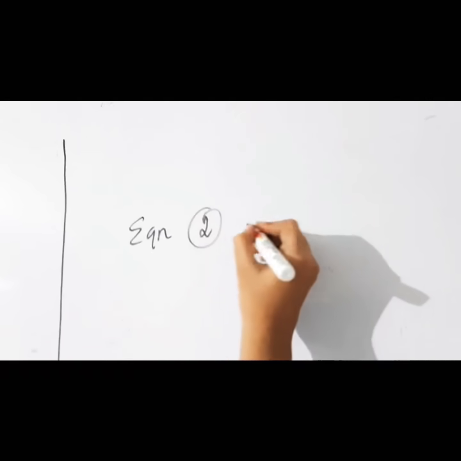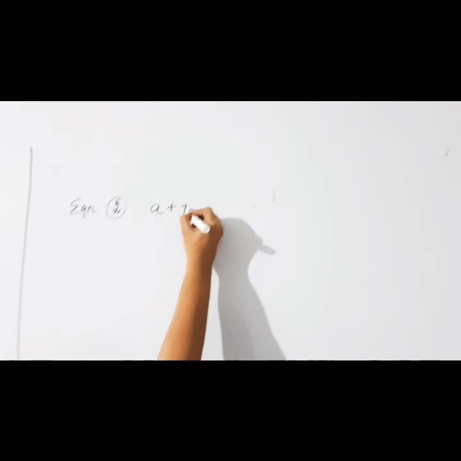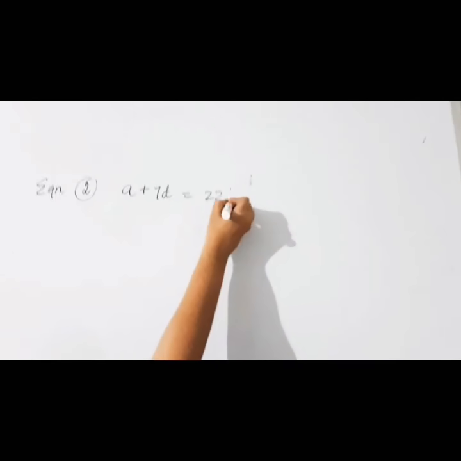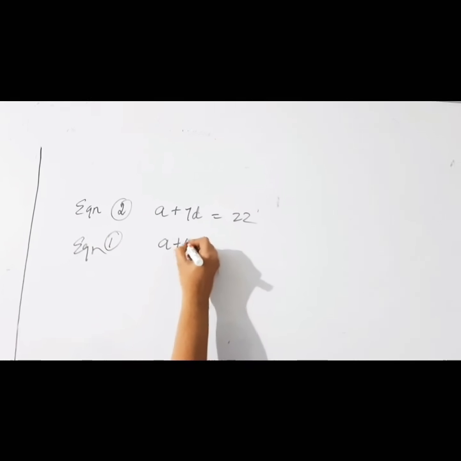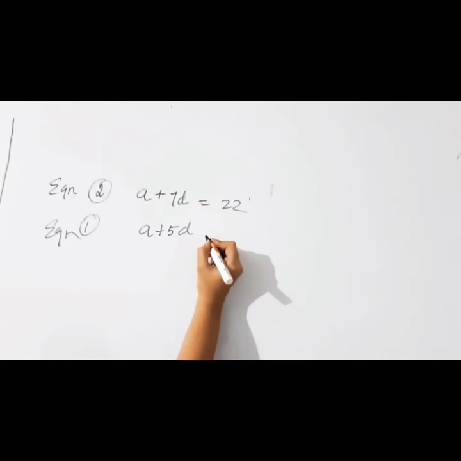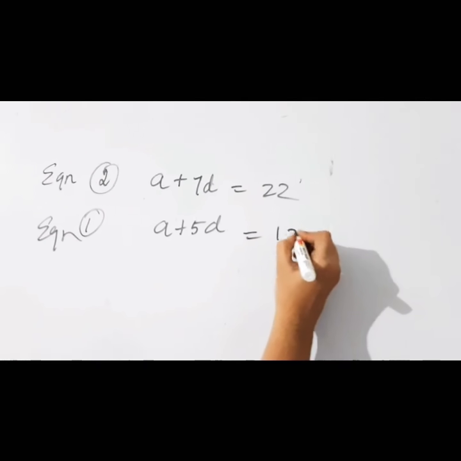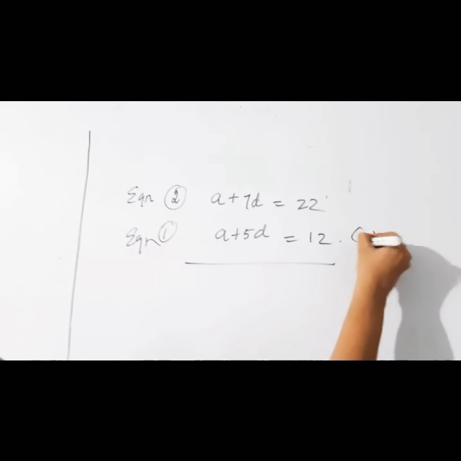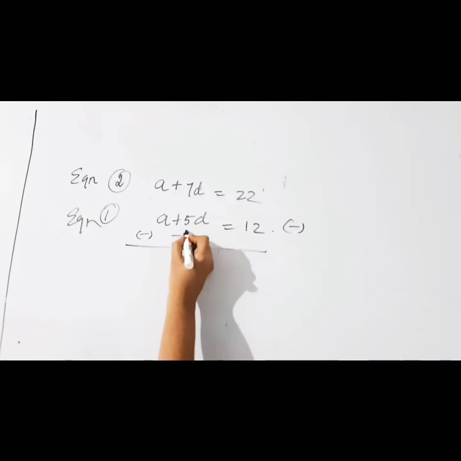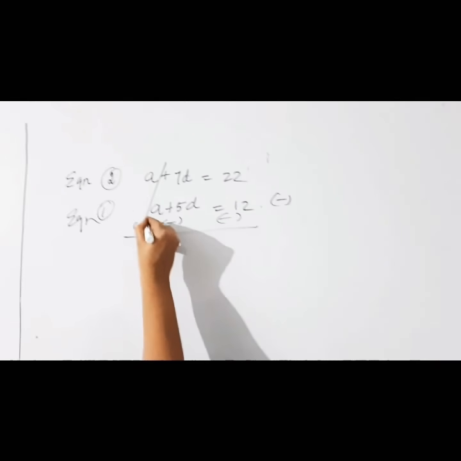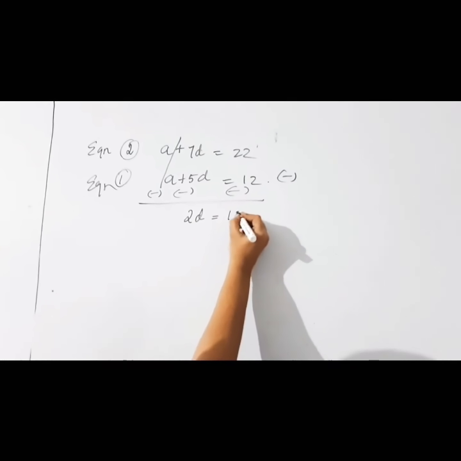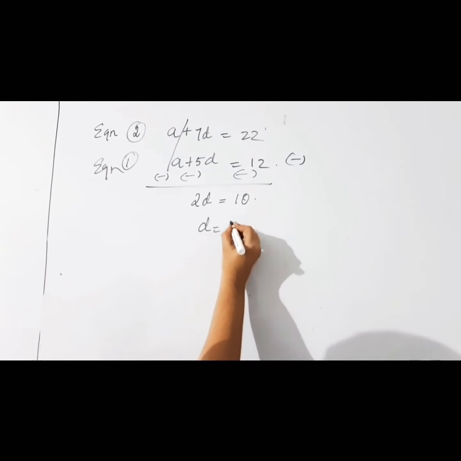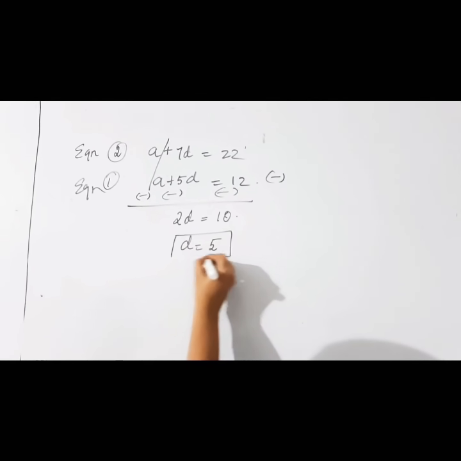Equation 2, A plus 7D is equal to 22. Equation 1, A plus 5D is equal to 12. Linear equations in 2 variables. When you solve, what will you get? 2D is equal to 10, so D is equal to 5.